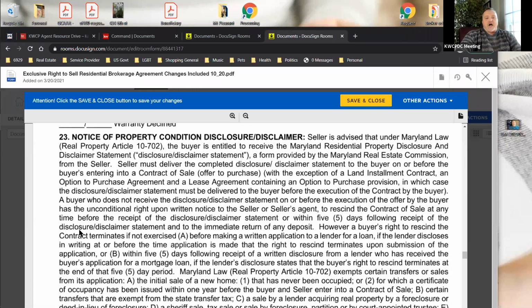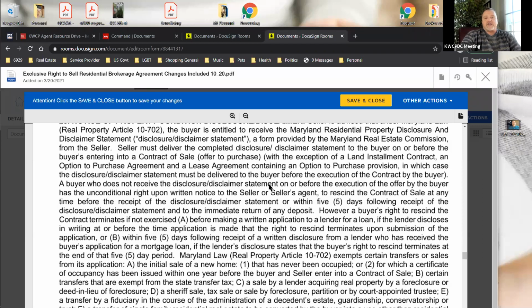A buyer who does not receive the disclosure statement on or before the execution of the offer has the unconditional right, upon written notice to the seller, to rescind the contract of sale at any time before the receipt of the disclosure.